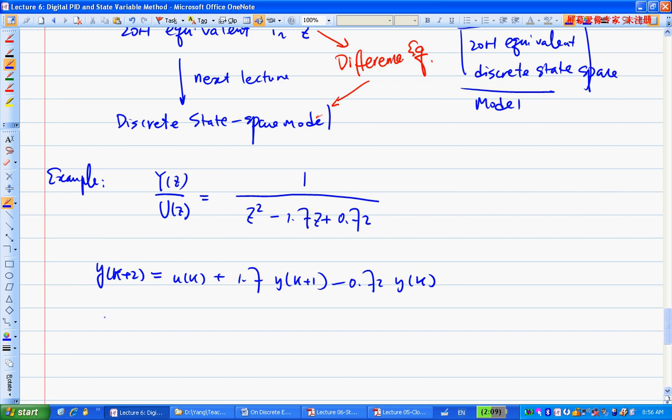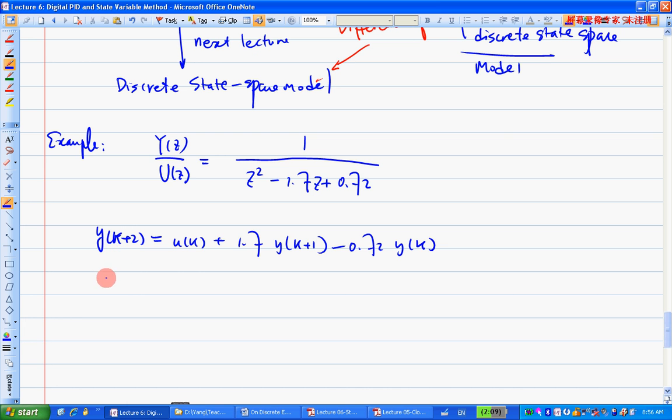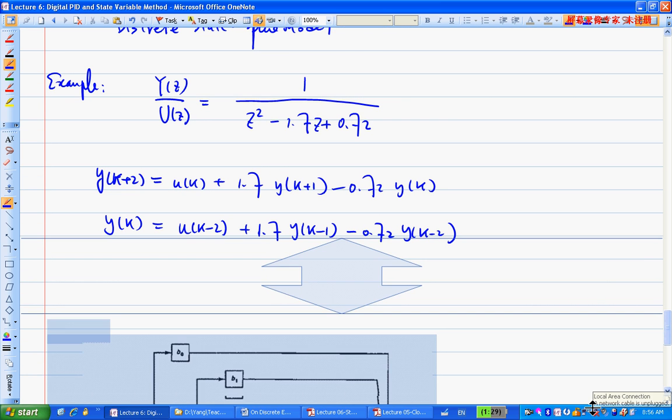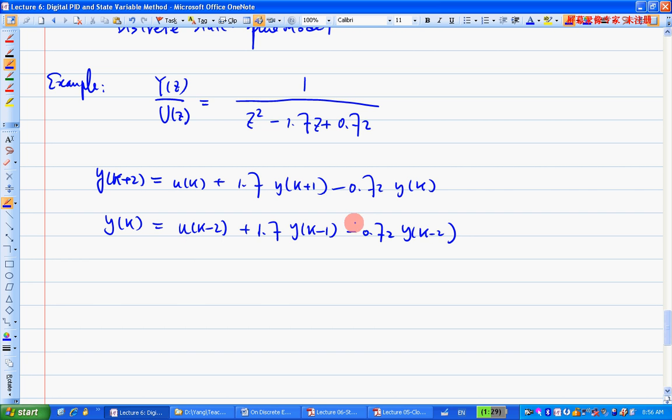So here's the difference equation either way. If I rewrite that difference equation in terms of k, this is k minus 2, this is k minus 1, this is k minus 2. Then in terms of the z transfer function, you basically take the z transform of both sides.